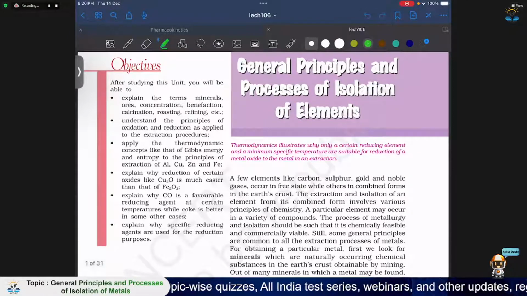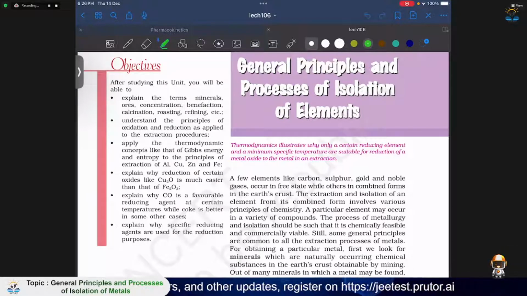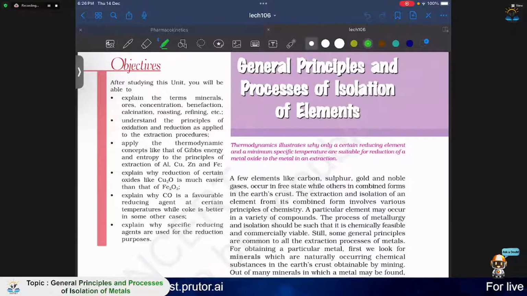The basic principles used in this chapter are thermodynamics, and you should know the basics of thermodynamics, like what is enthalpy, enthalpy change, negative enthalpy change, positive enthalpy change, entropy, entropy change, again negative and positive. Apart from that, you should also know Gibbs free energy and feasibility of a reaction. All those concepts will be of real help, right? So let's start.